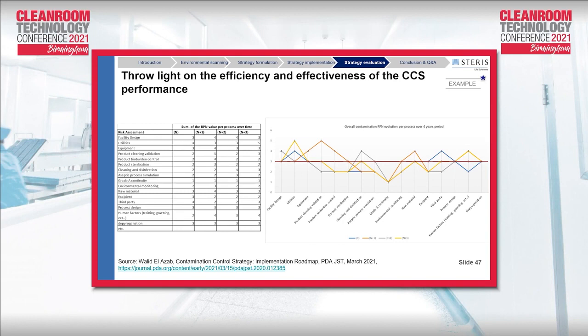And this should be part of your strategy objective, strategy formulation. And so doing that every year will quickly give you a great idea of how well you are performing in preventing contamination, but also how well your CAPA and your improvement are working in reducing your residual risk of contamination potentially.